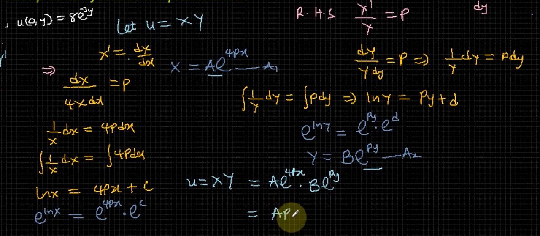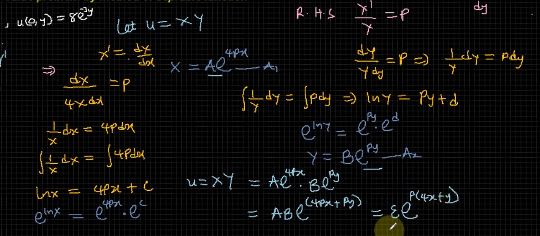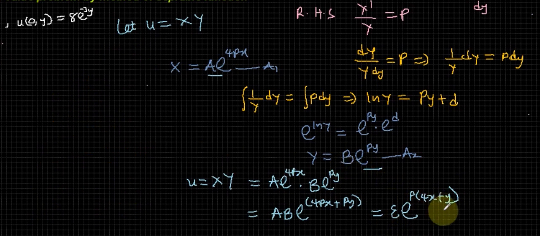We have ab exponential of 4px plus py. The product of two constants gives rise to another constant. Let's call this constant e. So we have constant e exponential, p is common here, so let's put it outside: 4x plus y. Let's call this star.